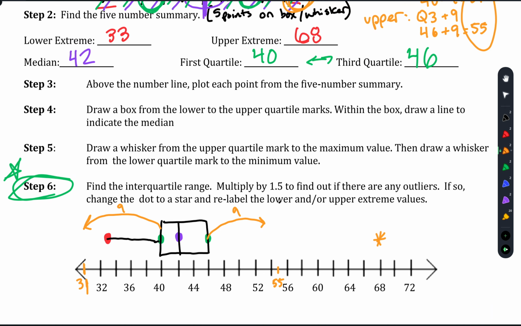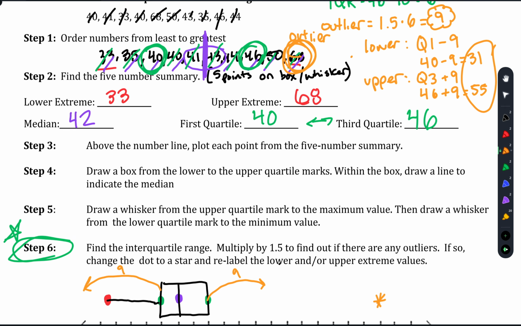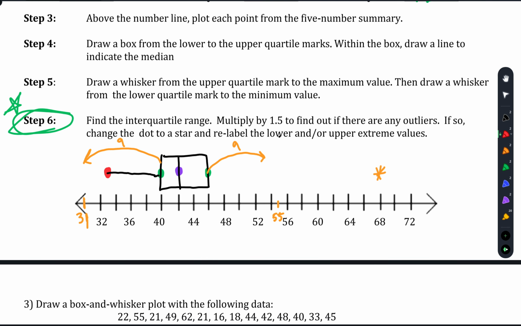I need to go back to my numbers and I figure out what's the next highest number that's not an outlier. And that's 50. So now my upper extreme, my actual upper extreme that's within my data range, is 50. So I'm going to put my new point right over here at 50. And that is the part of my box and whisker plot that I'm actually going to graph.